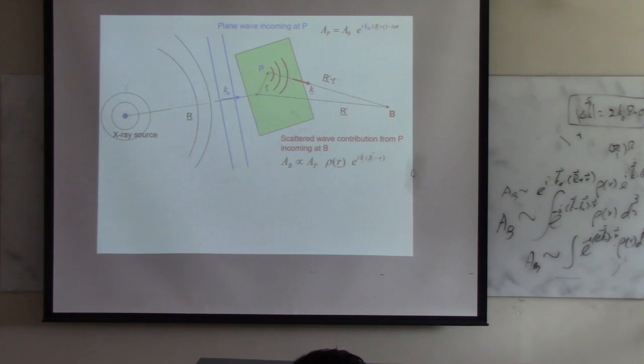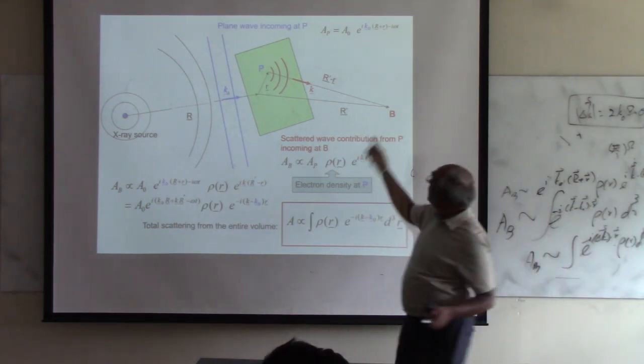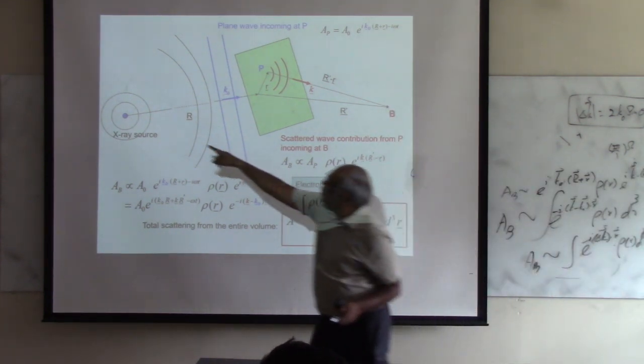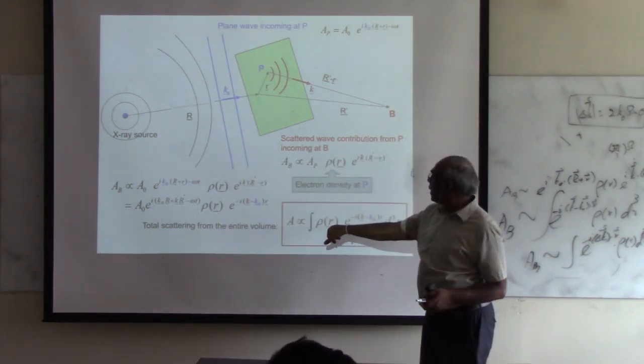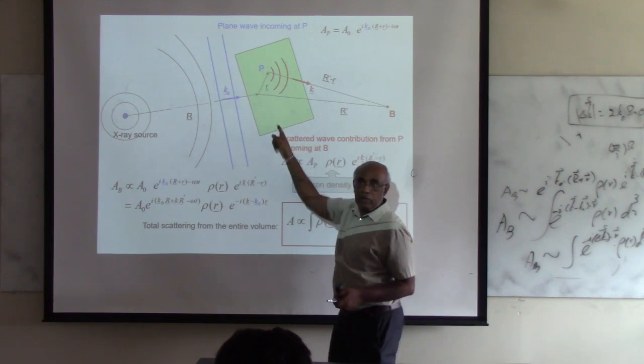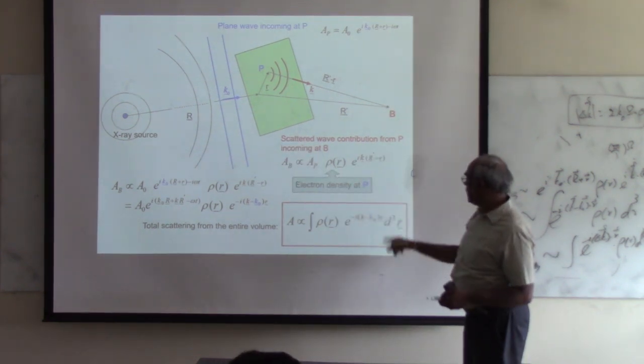That's what is important here. A at this point, due to this scattering of this light, I can write as rho(R), the electron density of this sample, times e^(minus i delta K dot R) dq.